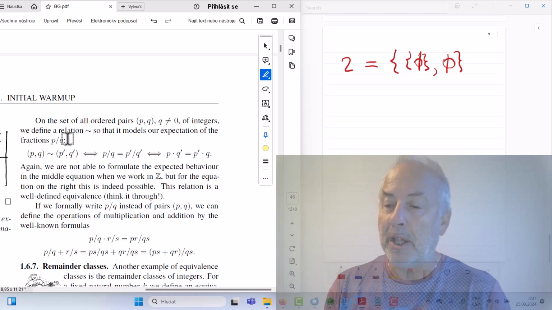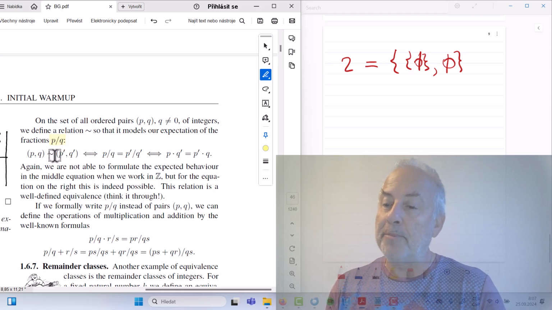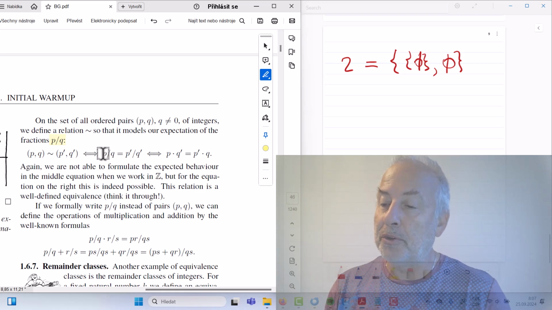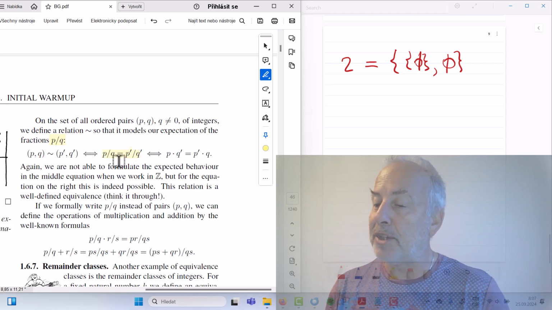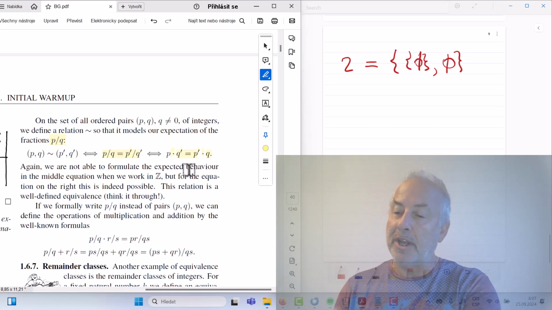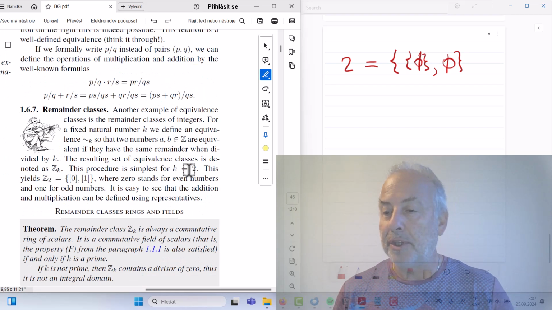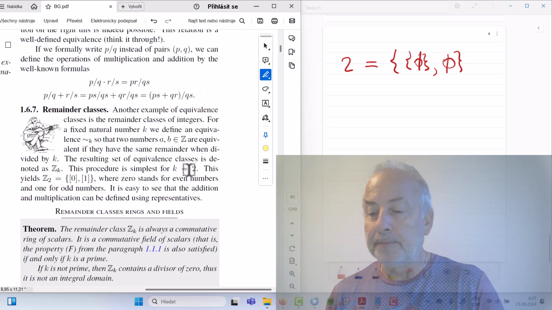Well, you simply say we are interested in the quotients. So what are the quotients? They are given by the couples, but different couples provide you the same result. So you want to see this, but this doesn't make sense in integers. So you can rewrite it this way, and this is a well-defined equivalence, and everything goes through again. So that's quite a nice thing.